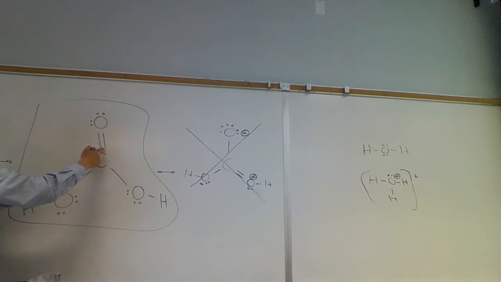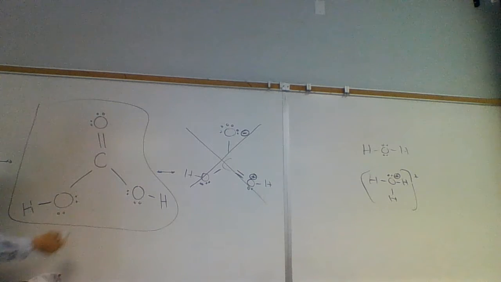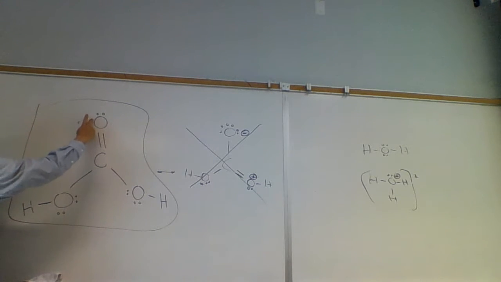This is a double line, so this counts as 4 electrons. In fact, some people do this with the lone pairs. Rather than drawing 2 dots, they'll just draw a line. So the line represents 2 electrons. That's quicker, so people like that, and you'll see that often.